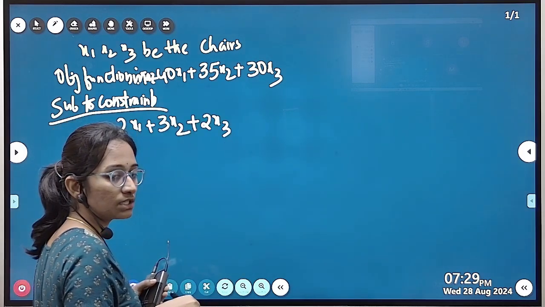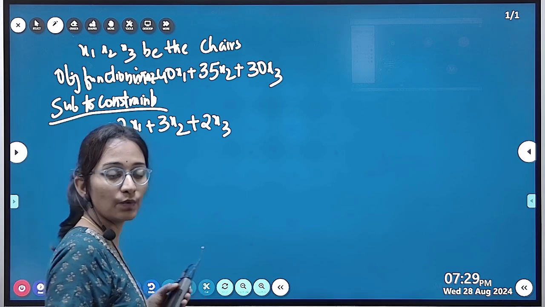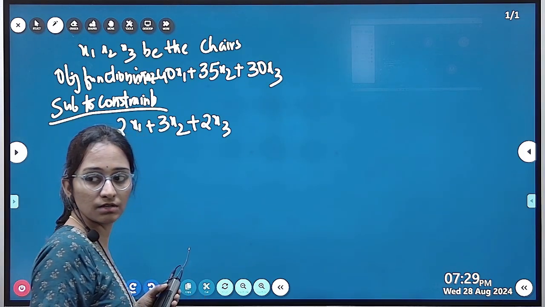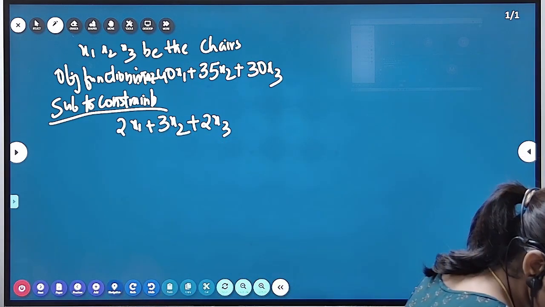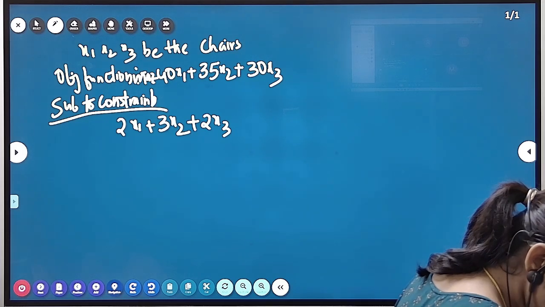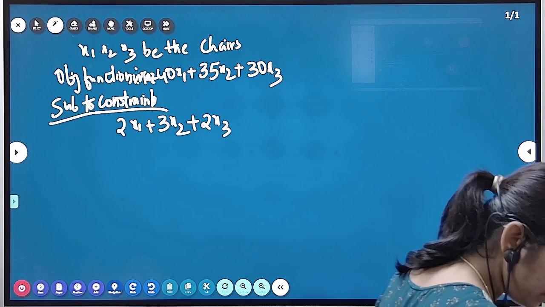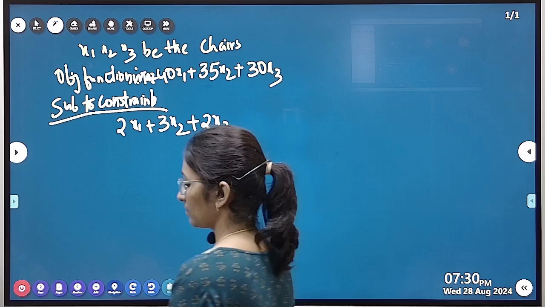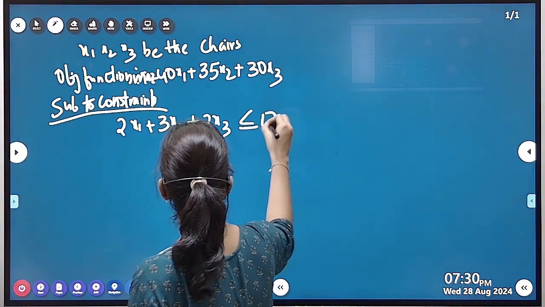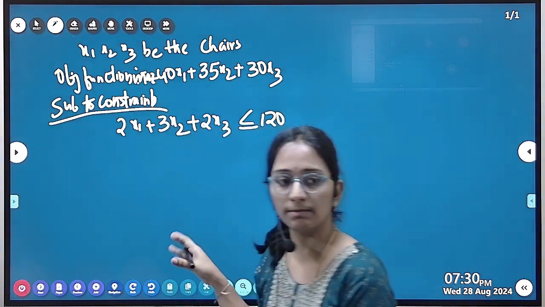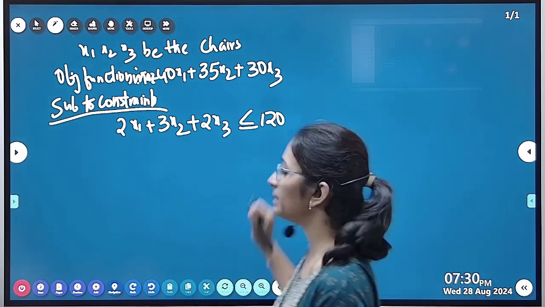So for the first year, what's the requirement or what's the amount they have given? 120 or 160? 120. So what do we need to put, greater than or less than symbol? The total hours available are only 120. They are giving the total hours available, meaning it should not be more than that. It's a total amount. Okay, it should be less than.